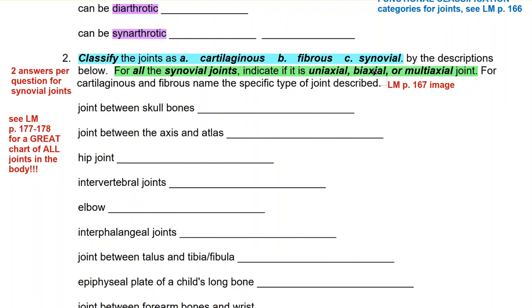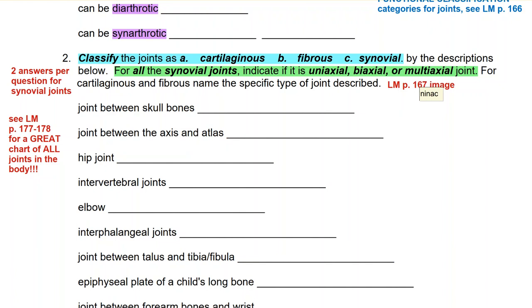And that's what the green highlighting is telling you. So a synovial joint can be uniaxial, where it's moving on just one axis of movement, like one direction. It can be biaxial, so where it can move in 2 directions, or multiaxial, like a ball and socket joint that can move in like all directions across all planes of movement.